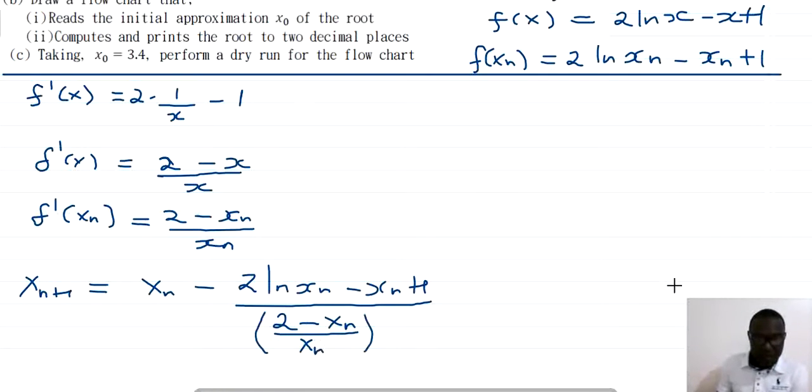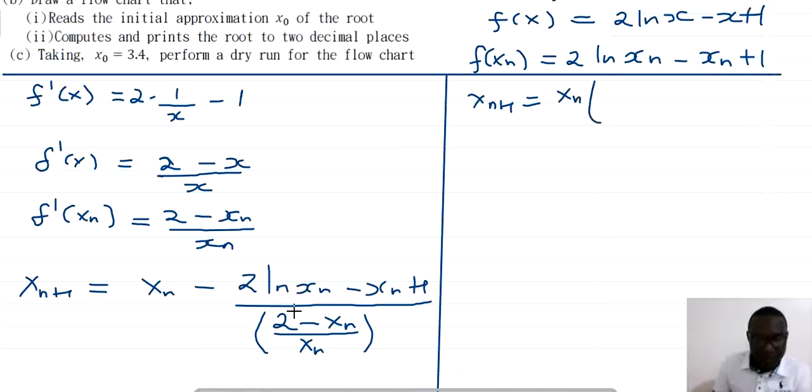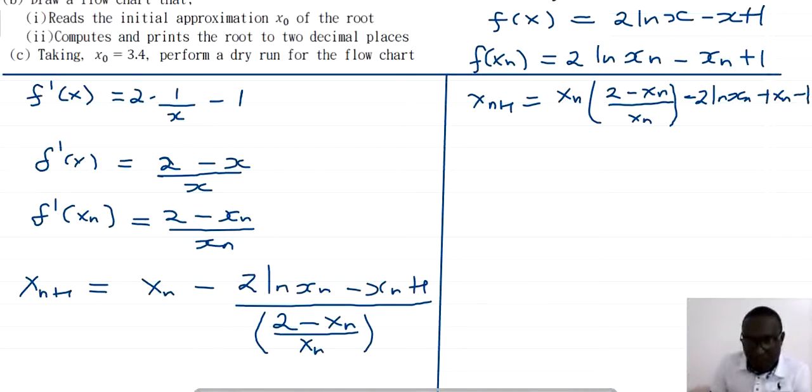So the next step is we are going to get the LCM. So from here, xn plus 1 is equal to xn into bracket, we shall have 2 minus xn all over xn, minus 2 ln xn, now plus xn minus 1, everything over 2 minus xn divided by xn.